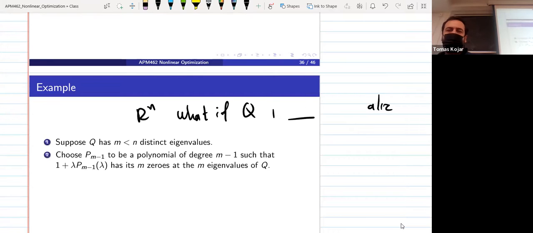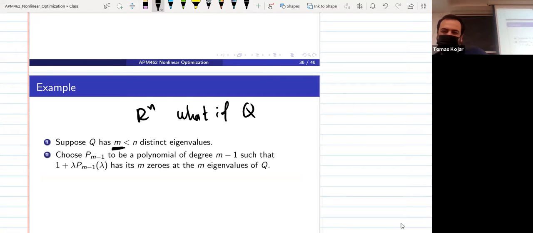Let me say it differently. What if the algebraic multiplicity... okay, I don't know what you remember. You know, like they're not equal. So here, yeah, you have m eigenvalues, but they have multiplicity.